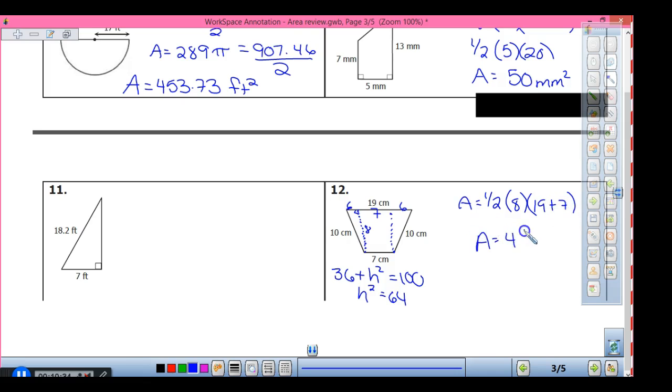So area is 4 times 26. Area is 104 centimeters squared. Yep.